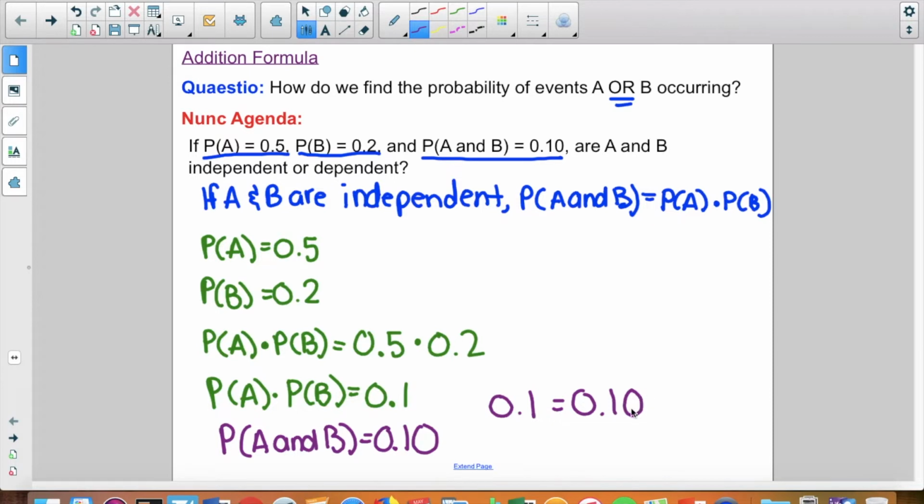Even though this has a 0 as a placeholder, you can add a 0 to this one, or you can take the 0 off from both of them. So since 0.1 is equal to 0.10, A and B are independent. Okay. So let's move on.